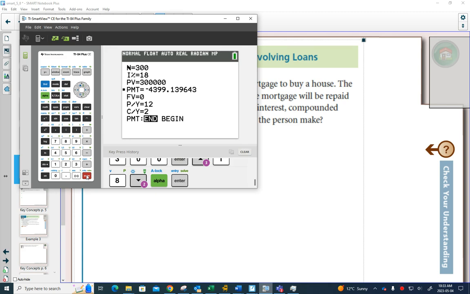At 18% interest, times by 300 payments, how much would you pay for your $300,000 house? Look at this. $1.3 million. You would pay an extra $1 million to the bank in interest.